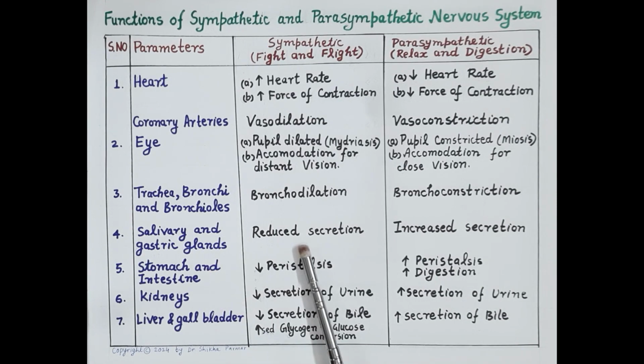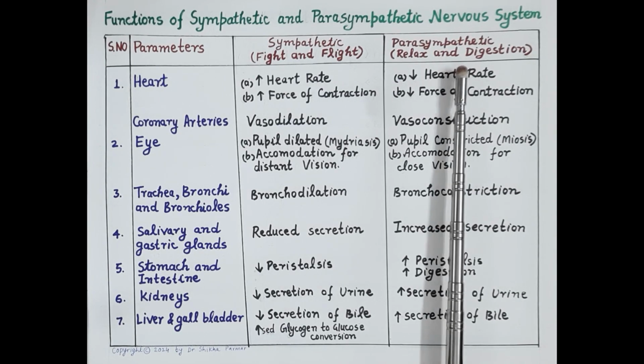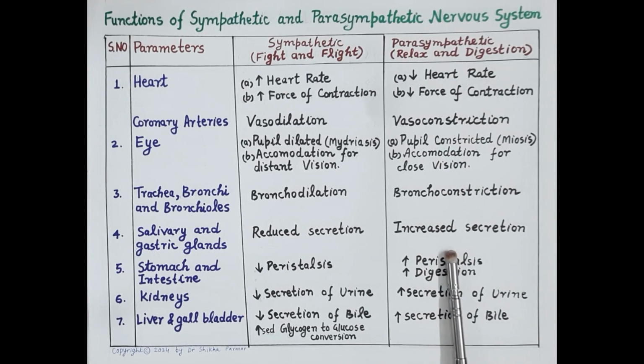As we know, parasympathetic stimulation gives the digestion and relaxation responses. So parasympathetic stimulation increases the secretion of saliva and gastric juices, thereby promoting digestion. On the contrary, sympathetic stimulation reduces the secretion of saliva and gastric juices.